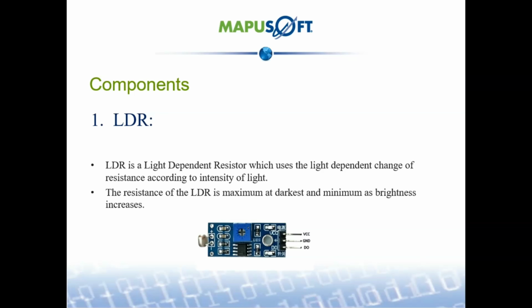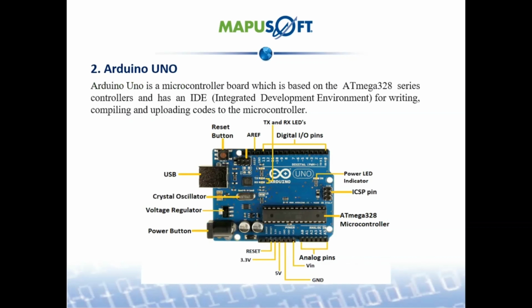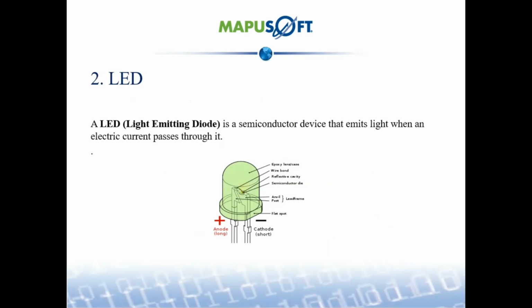So, it helps to fine tune the control system. Here you can see the components. One is the LDR and Arduino Uno, which is the microcontroller we are using here, and an LED, because instead of a bulb, we can use an LED for simulation purposes.